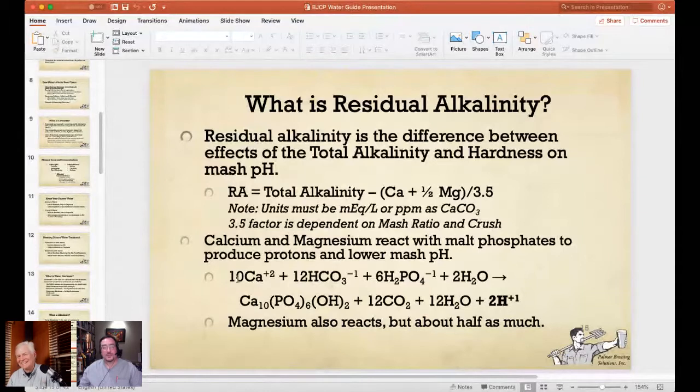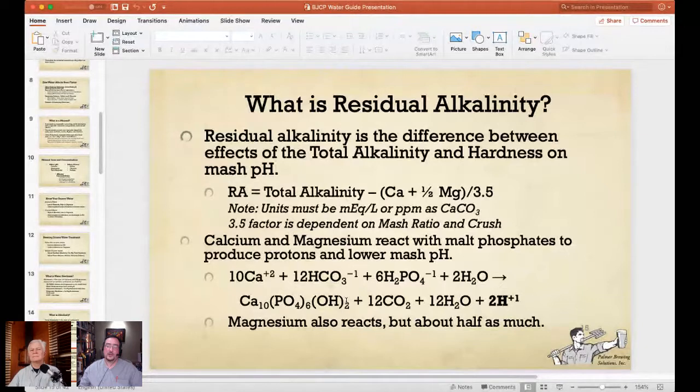What happens is you have calcium reacting with malt phosphates, also bicarbonate and water, to create calcium phosphate, which is a solid precipitate. You create carbon dioxide, you create water, and you create 2 hydrogen ions.